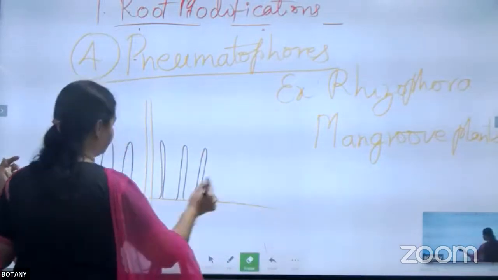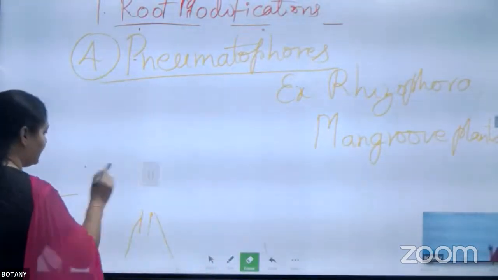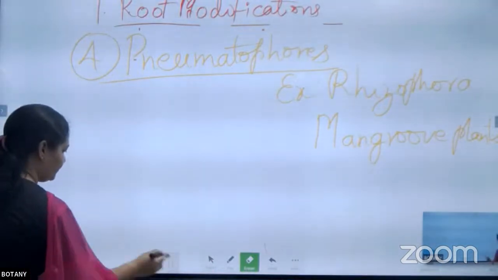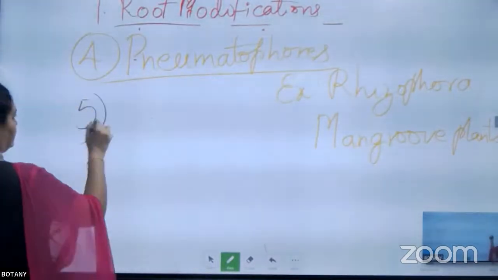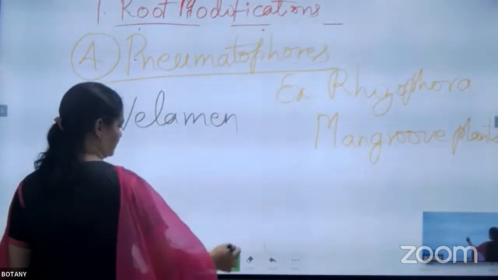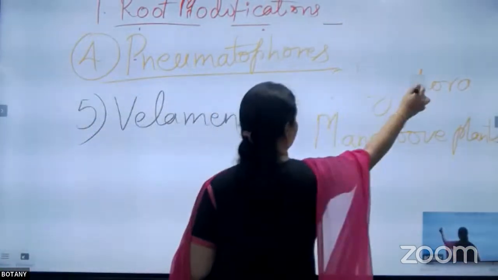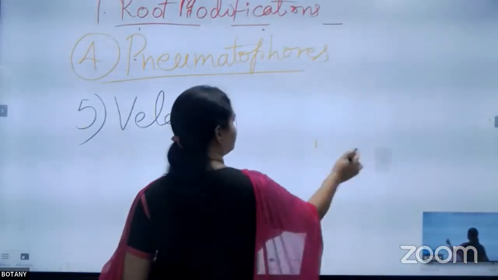Now comes the fifth type of root modification, that is the velamen roots. Fifth type of root modification is velamen roots.